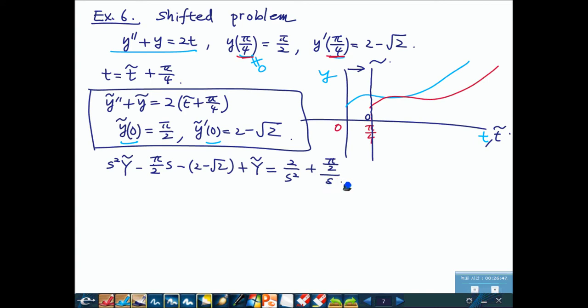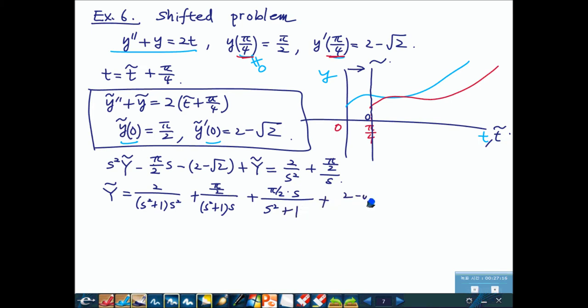Then you rearrange: Y tilde becomes 2 over s squared plus 1 times s squared, plus pi over 2 times s over s squared plus 1, plus 2 minus square root of 2 over s squared plus 1.